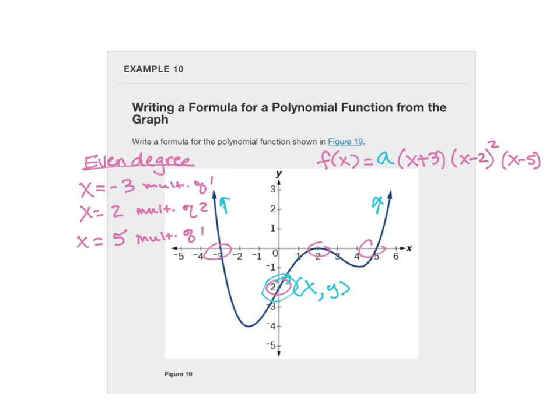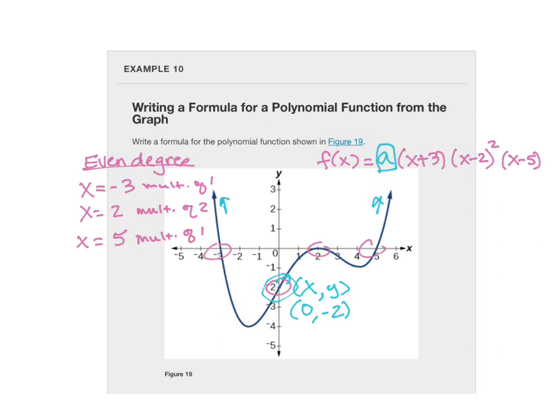In the y-intercept, you get an x value and a y value. What's the point for this particular y-intercept? 0, -2. So what we know is when x is 0, y is -2. So watch. We can solve for a by plugging in the information from this point.